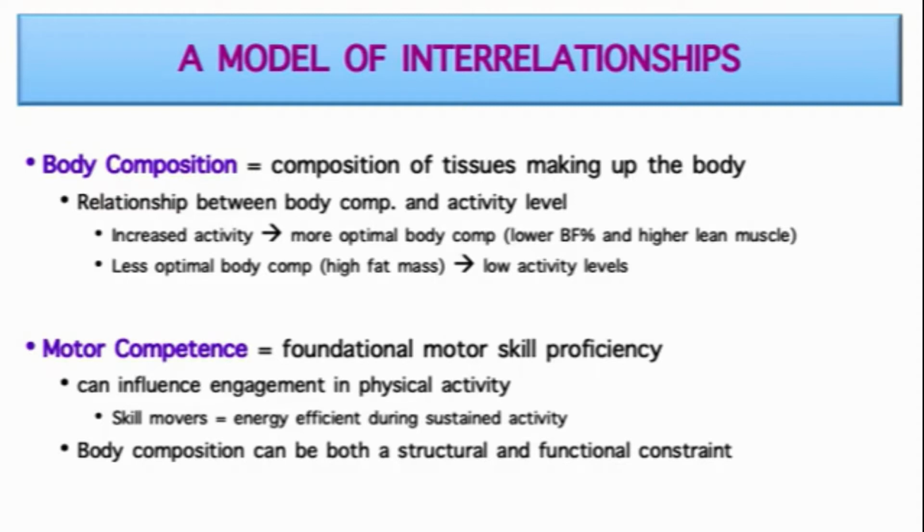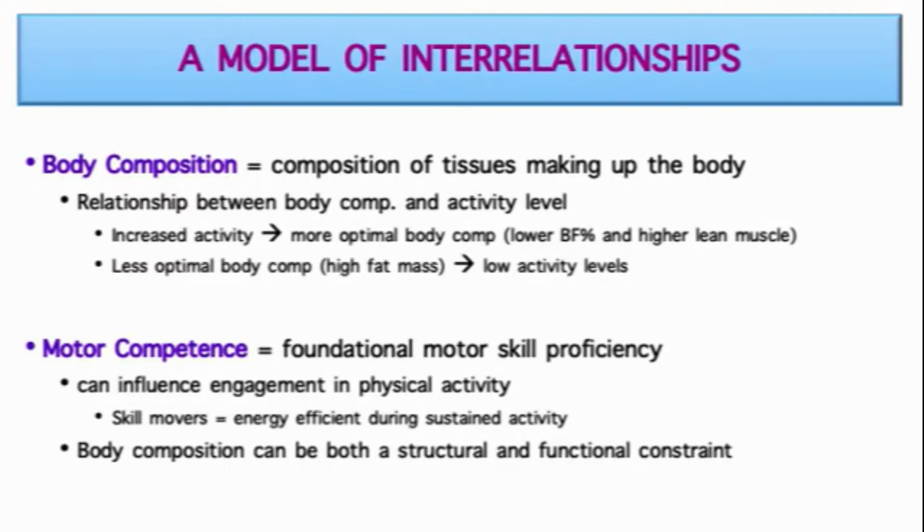But body composition can also be both a structural and functional constraint for motor competence. So a structural constraint, an example being that excess weight impedes movement. Right, we talked about in the previous lecture how if someone has a lot of adipose tissue, it might affect their range of motion, or it could create discomfort if they are engaging in an activity that requires a lot of bouncing or movement, right?